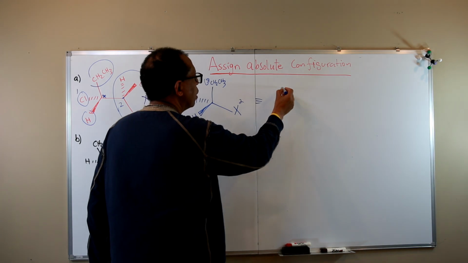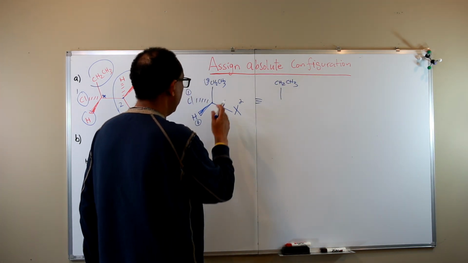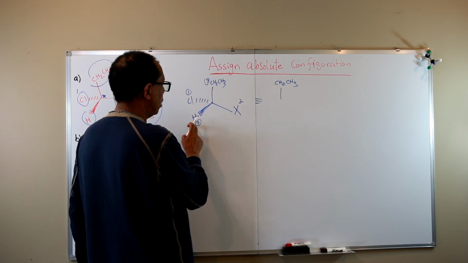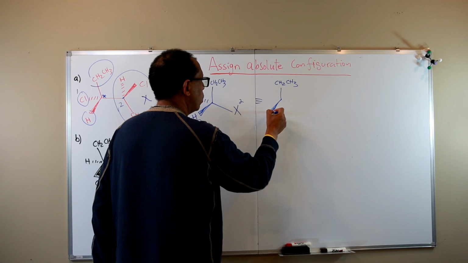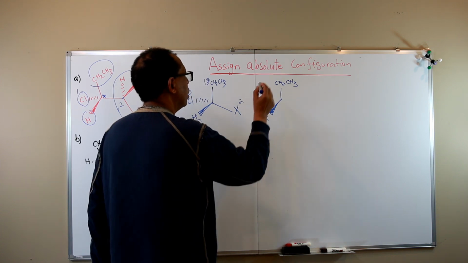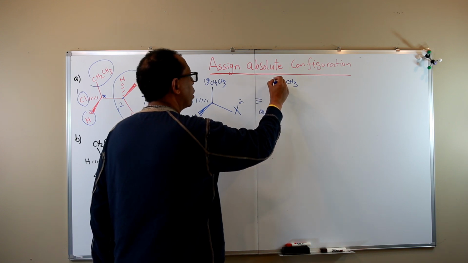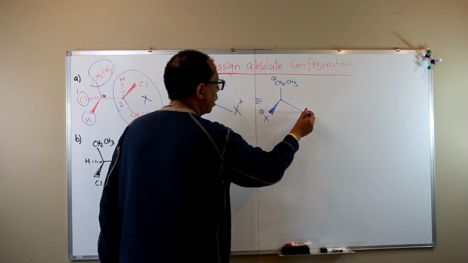This would give me CH2, CH3, and bringing X to this position. That is, this would be X, which is priority 2. This ethyl group is priority 3, and the chlorine would be replacing the X position.